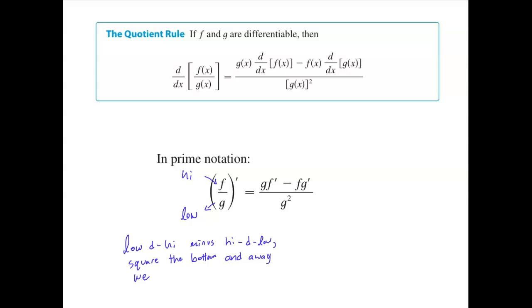And it's very dumb, but it works. Because if you try and say it the other way, with the wrong order in the numerator, it won't rhyme, right? If you were to go high d low minus low d high, square the bottom and away we go, that doesn't rhyme. So low d high minus high d low, square the bottom and away we go. And the d just means, right, derivative of.